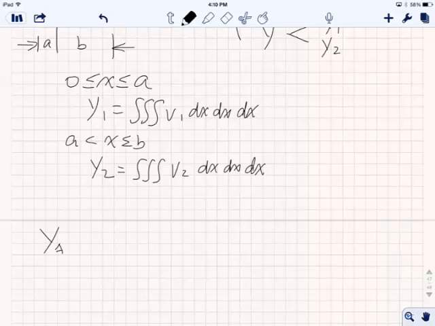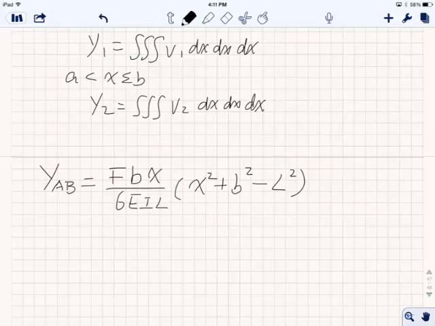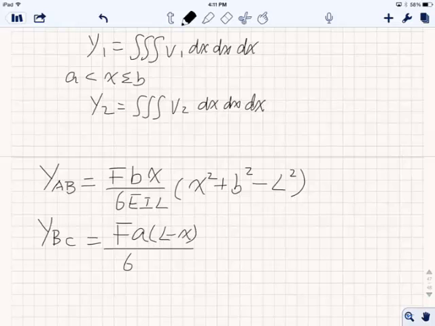Y from point A to point B equals F B x over 6 E I L, times x squared plus b squared minus L squared, and y BC equals F times a (L minus x) over 6 E I L, times x squared plus a squared minus 2Lx.